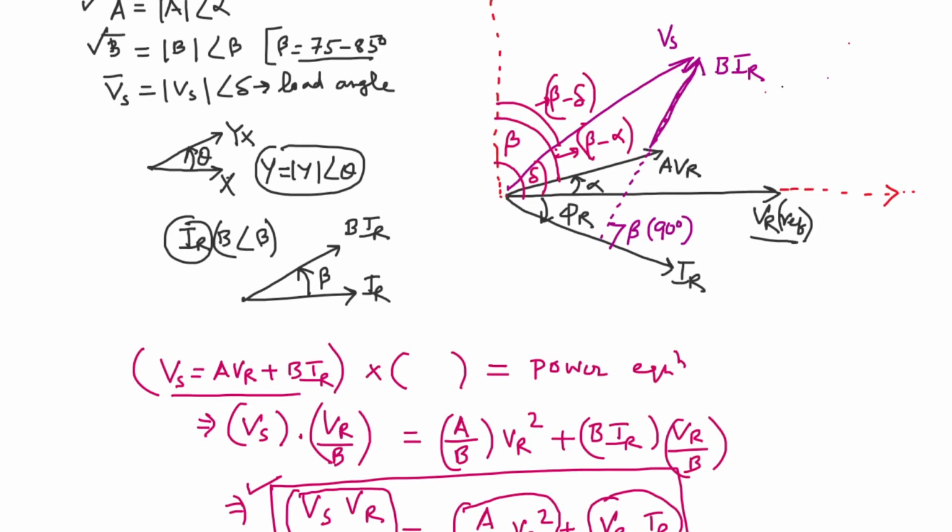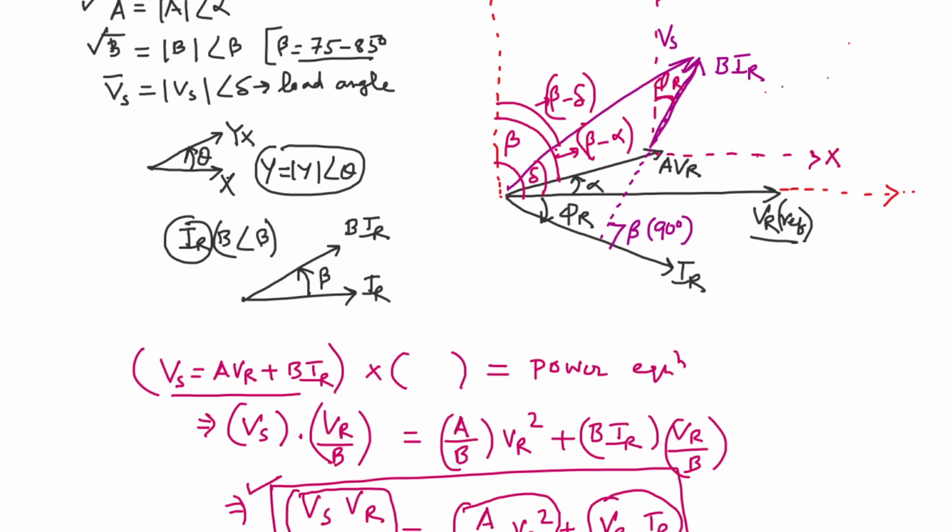Even before that, I have forgotten one thing: I must draw another axis, an imaginary axis. This angle should be phi r. So let me name them.